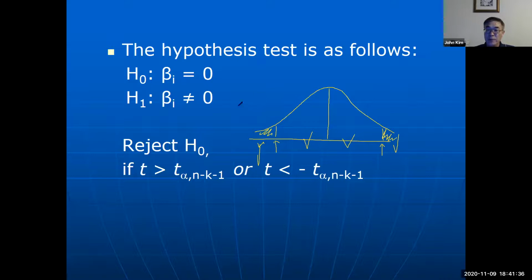If the test result is to reject the null hypothesis, then the alternative hypothesis is true, that means the X variable is useful to predict the Y variable.